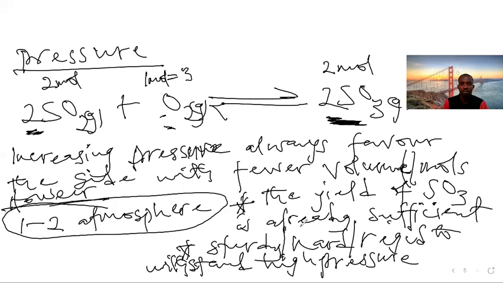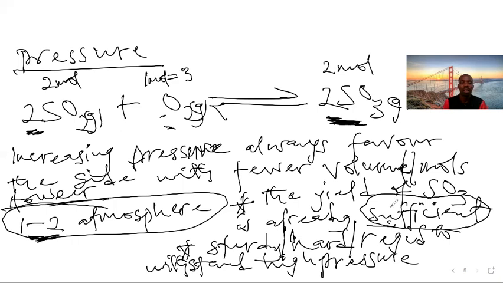If the yield is already sufficient at the operating condition, then we will not need to spend so much money building materials that are very costly. Please take notes of that. So that is the pressure used in the contact process.